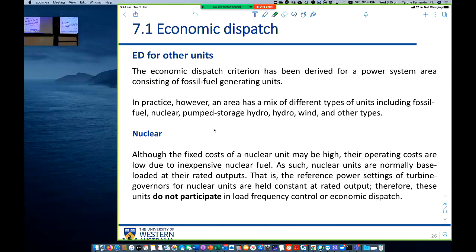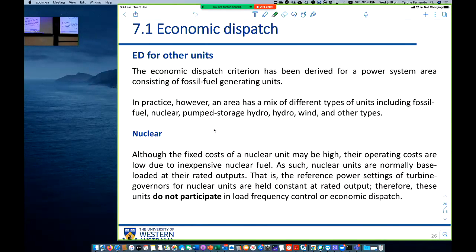So in economic dispatch, not all the generation sources cost the same. For example, some coal power plants can be cheaper to produce electricity. Nuclear power plants can be cheaper because nuclear fuel is cheaper. So those will not be part of the economic dispatch algorithm. Those generators will supply a base load.